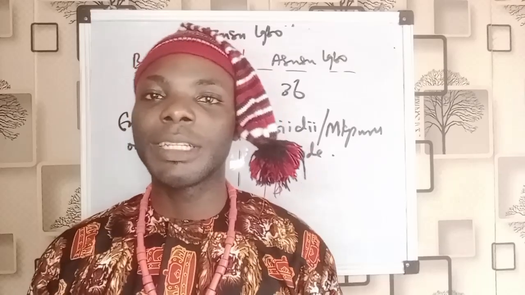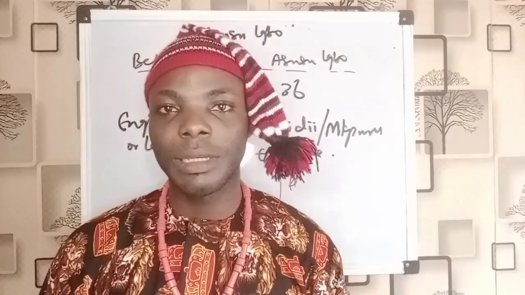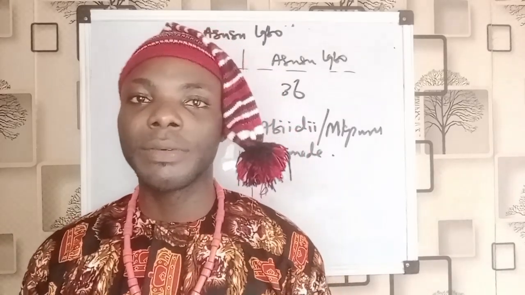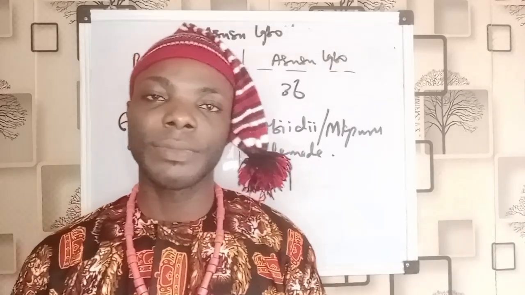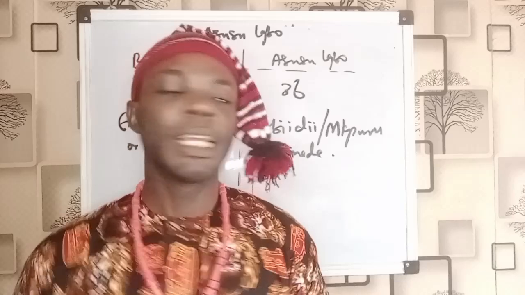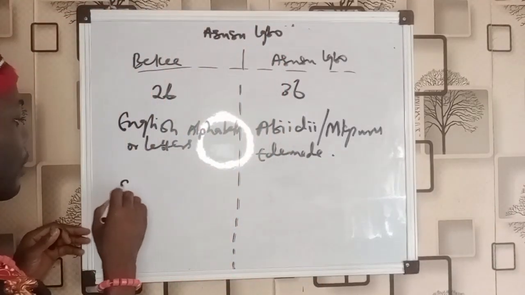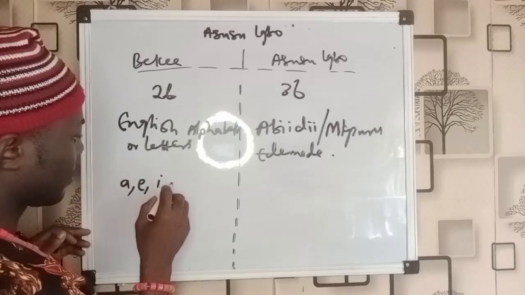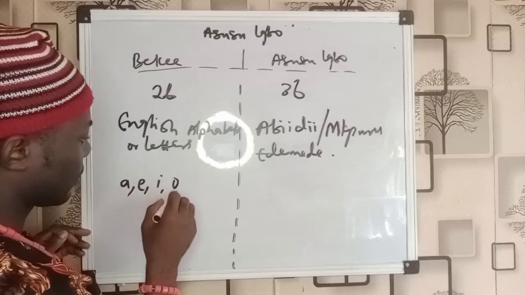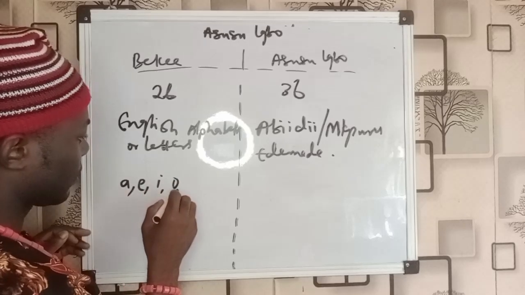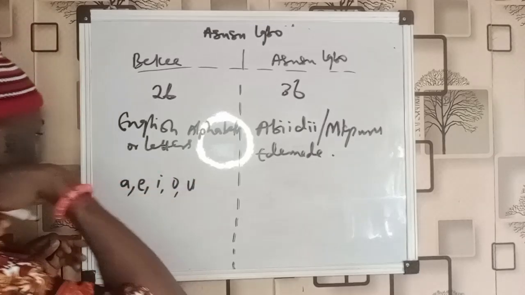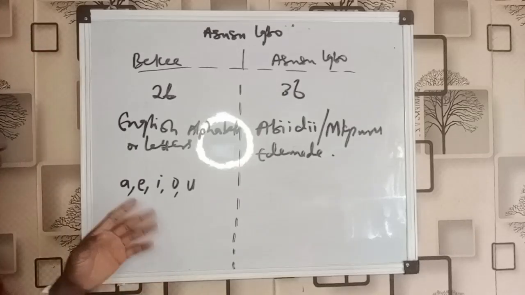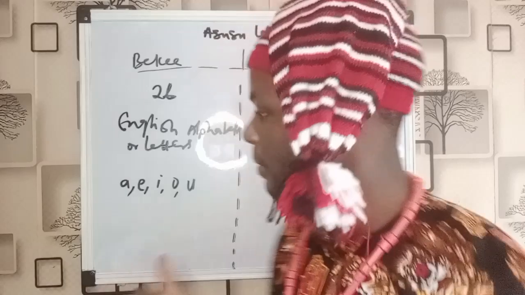Okay, so because Igbo language has many more alphabet, we have more number of vowel letters and more number of consonant letters. So in English you have A, E, I, O, and U. These are the vowel letters you have in English.